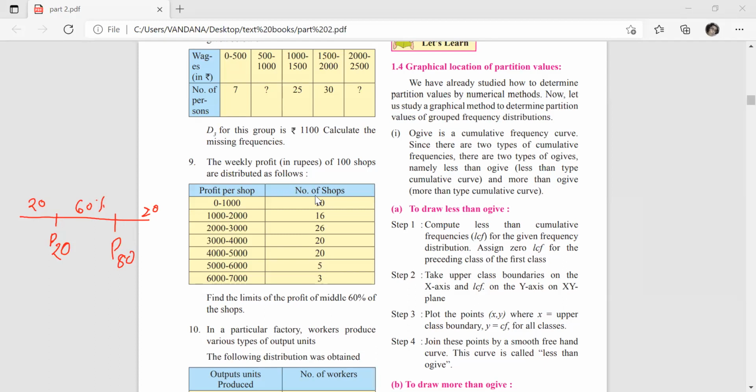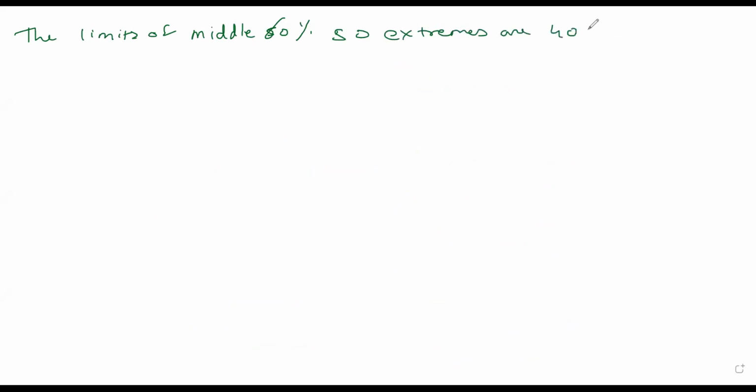So for example number 9, we will say that the limits of the middle 60%. So extremes are 40%.